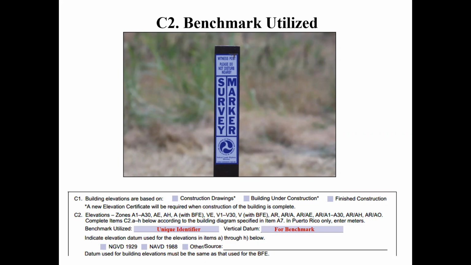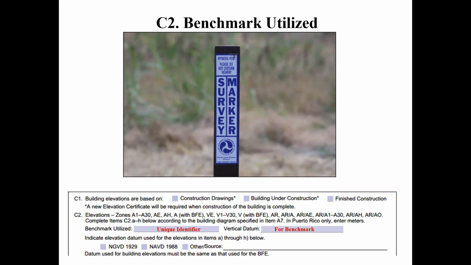So NGVD before 1988 was the system that was used nationwide, and it's based on mean sea level. And that was based on Coast Guard records. And over time, the coasts have changed, and they're different in the Great Lakes than they are in inland areas. And so it's just not as good of a measurement tool.